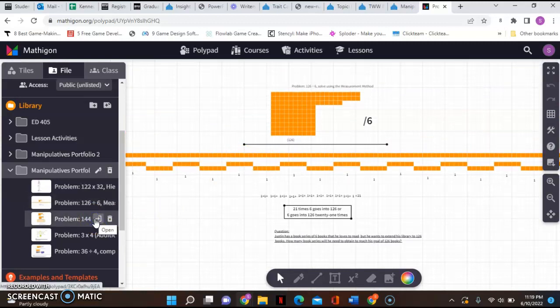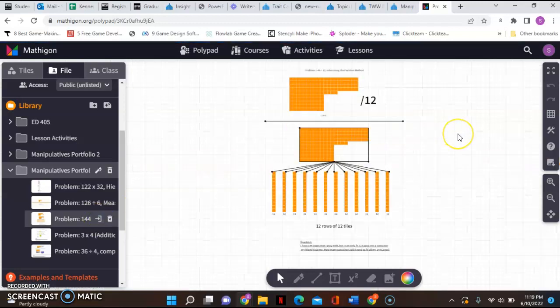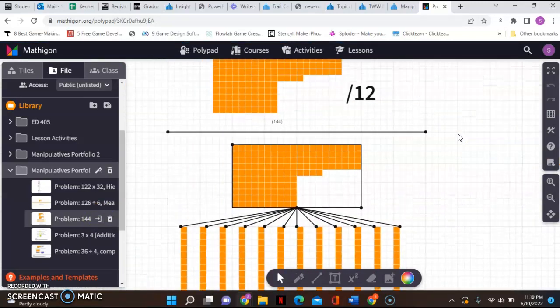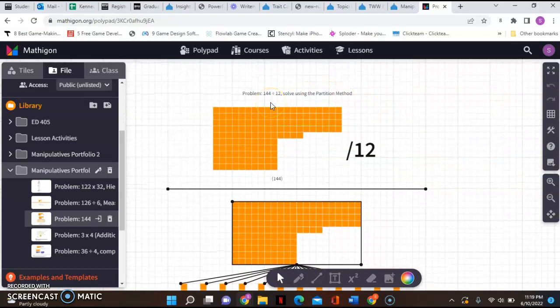Now for the second division problem that we're going to go over, it is the problem of 144 divided by 12, and we had to solve this using the partition method. So here is the original format that I made for this problem, the value of 144 divided by 12.